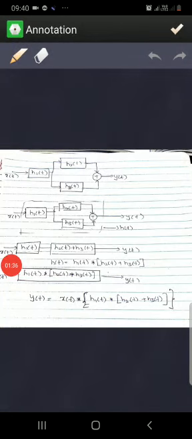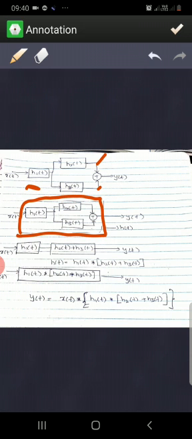Let us take another case, which is a combination of cascade and parallel. Here, if you see, h2 of t and h3 of t are connected in parallel. h1 of t is connected to this parallel combination. So let us call the entire system h of t. Then h2 of t and h3 of t can be replaced by h2 of t plus h3 of t.